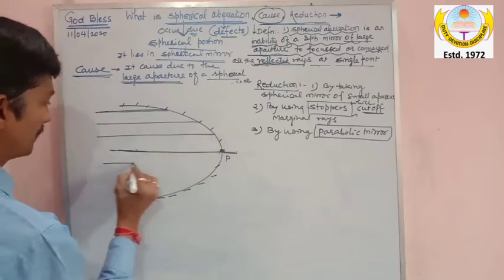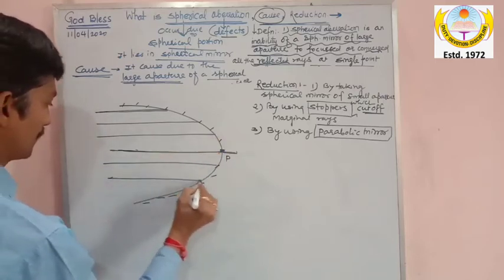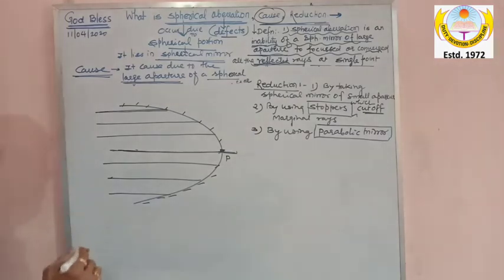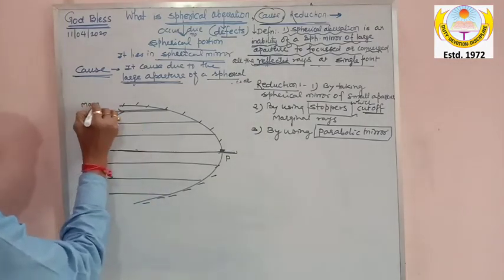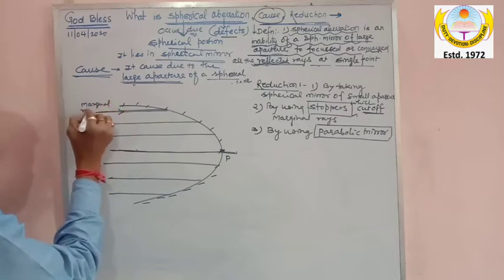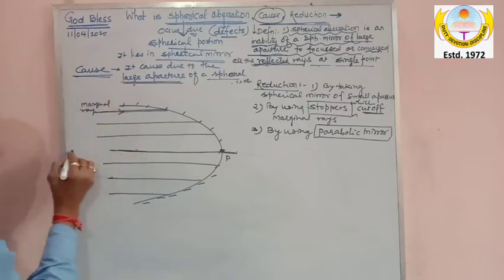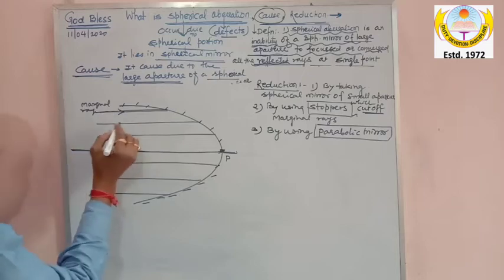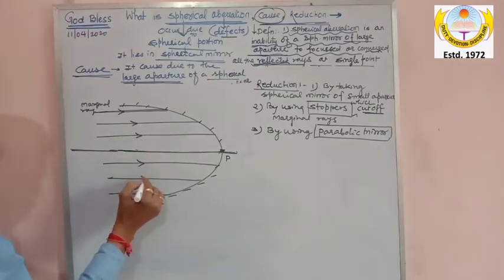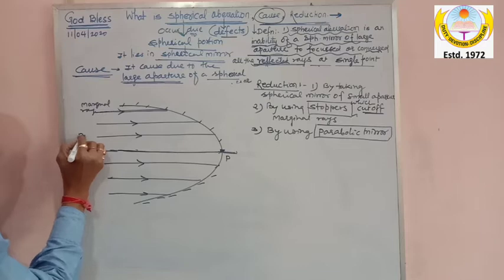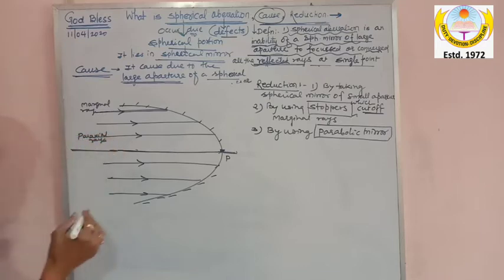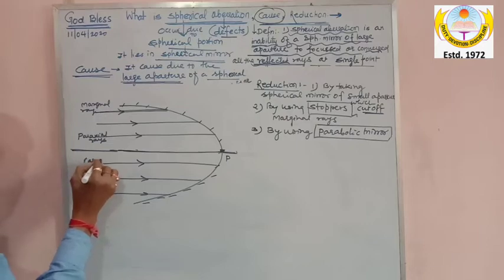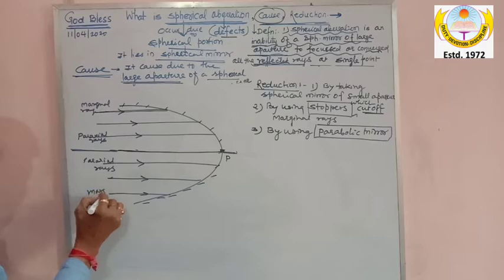I have drawn them. Now my dear, in this case, look at it, this is a marginal ray, and this is the principal axis, and these are the paraxial rays. So these are paraxial rays and these are marginal rays.